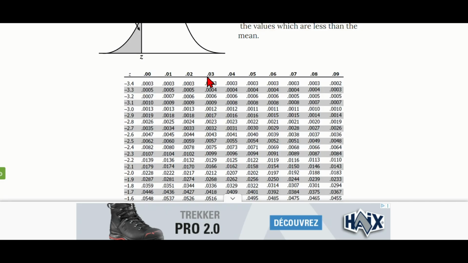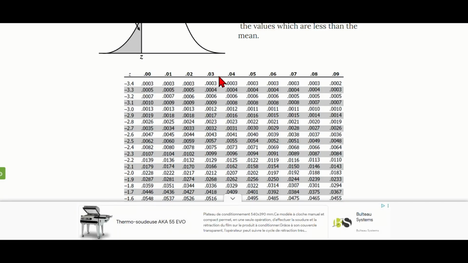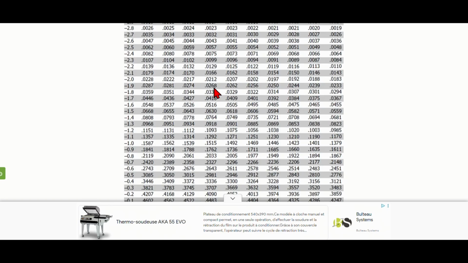In our case, the second digit is 3, so we look at column 0.03. At the intersection between this column and row negative 1.3, we find the probability of observing someone who has an IQ score less than 80. It's a 0.0918 probability, in other words, a 9.18% probability.